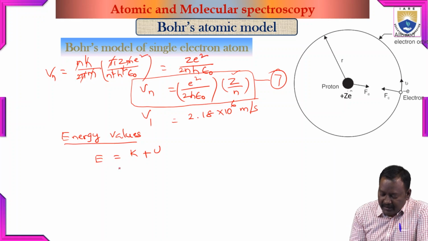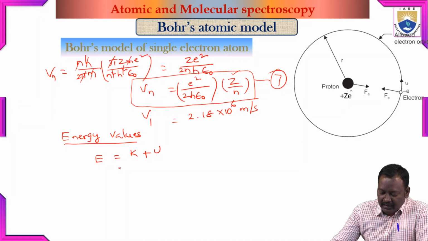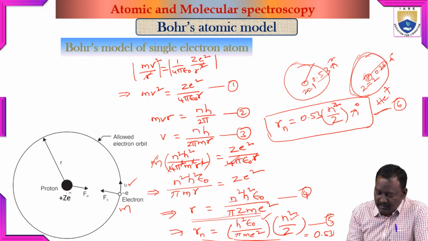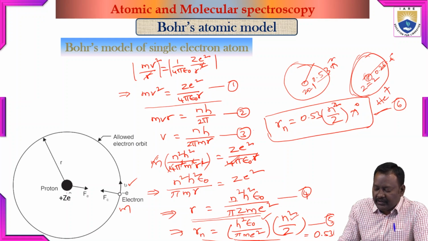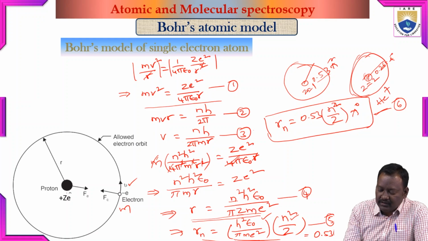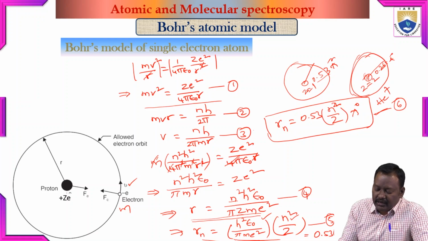Kinetic energy can be found from equation 1: mv square equal to Ze square by 4 pi epsilon naught r.